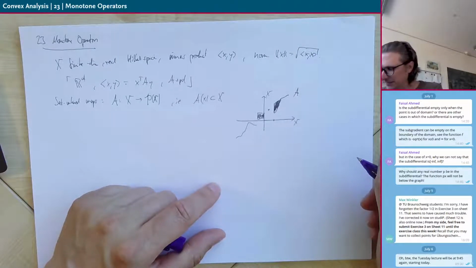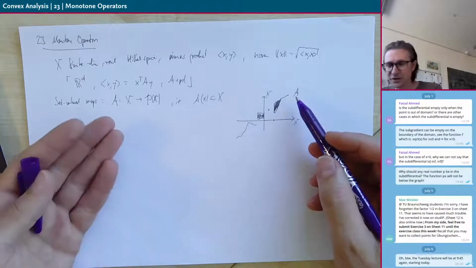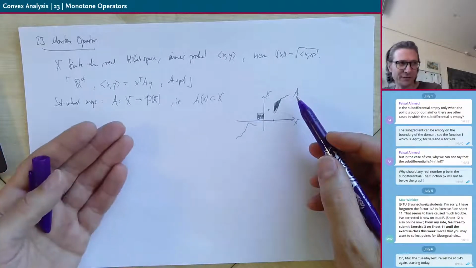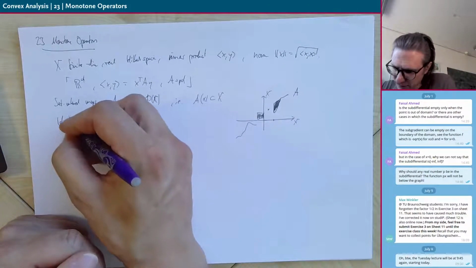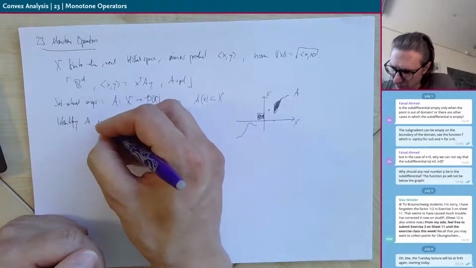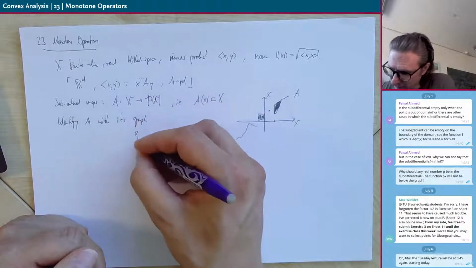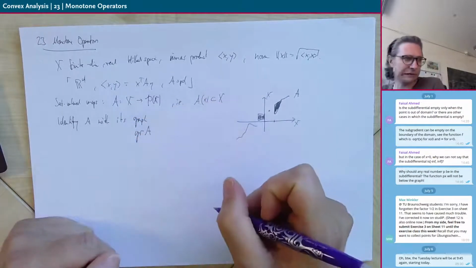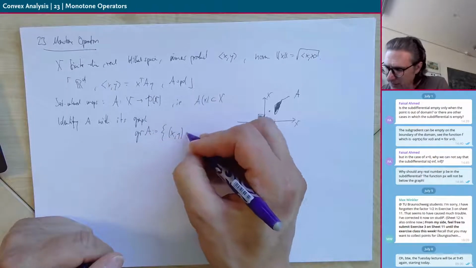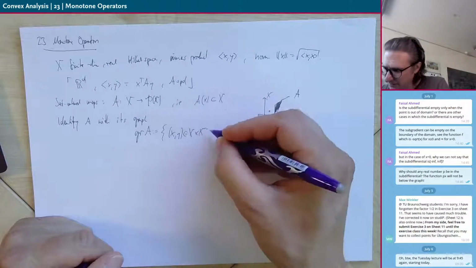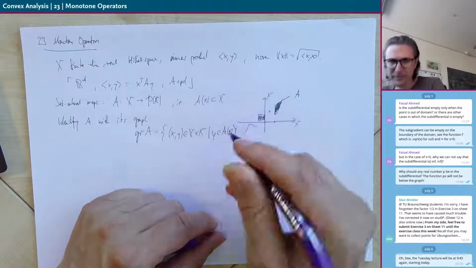What you see is that, similar to functions, we can identify such a map with its graph, and the graph is a subset of the product space. So we identify A with its graph. The graph will be denoted by gr A, and is defined by all the tuples (x, y) in X times X such that y is an element of A of x.